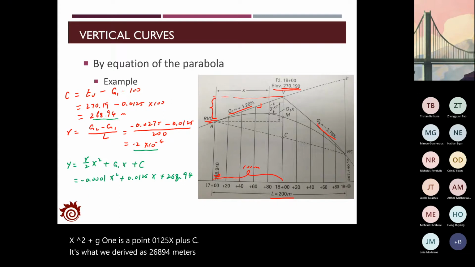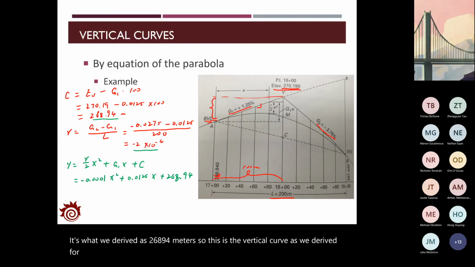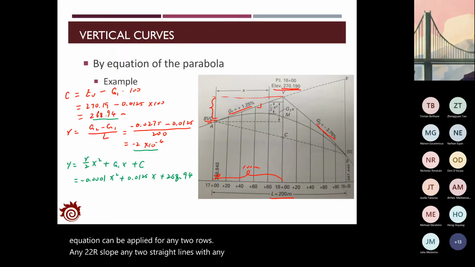So this is the vertical curve as we derived for these two straight roads with different slopes. And this equation can be applied for any two roads, any two straight lines with any slopes. It could be positive, could be negative.